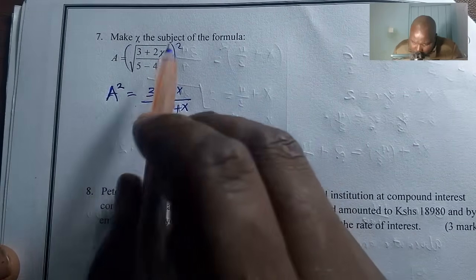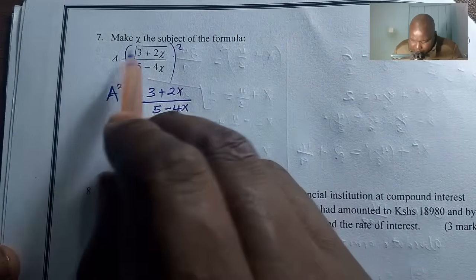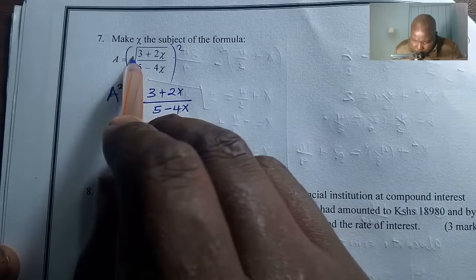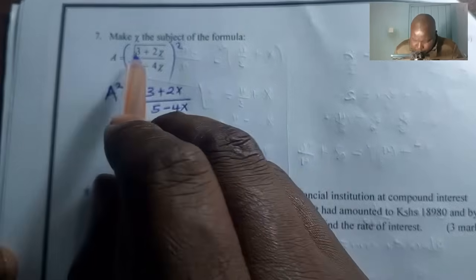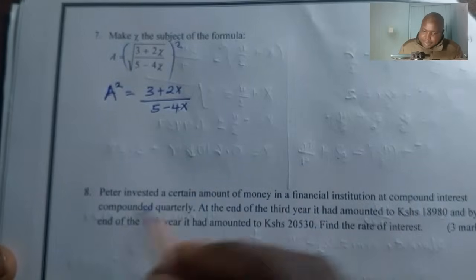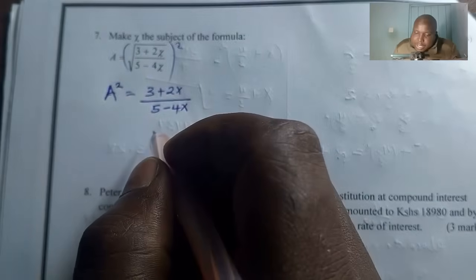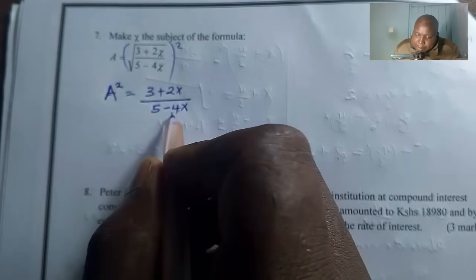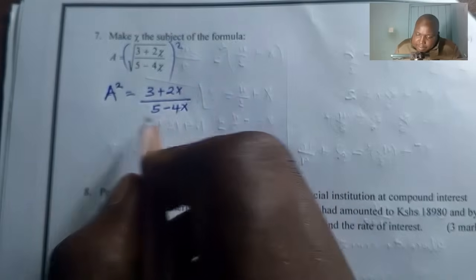To remove the square root, you square both sides. If it was the cube root, you cube both sides and you remove the cube root. If it is the fourth root or fifth root, it is the same. Now let's move this denominator. Multiply both sides by the denominator.